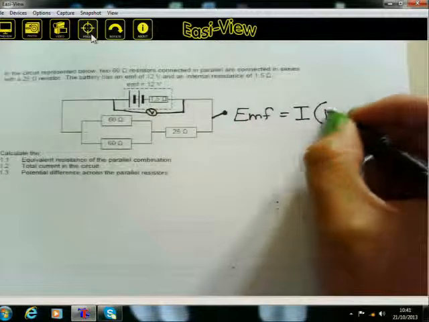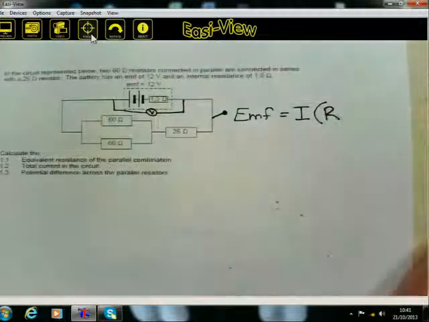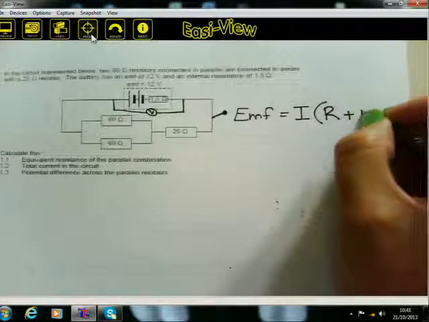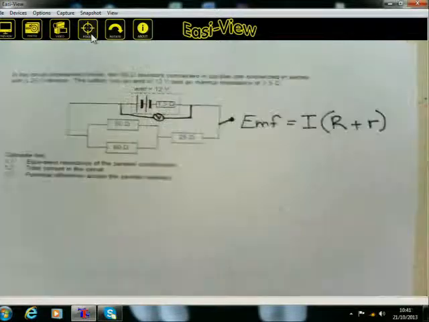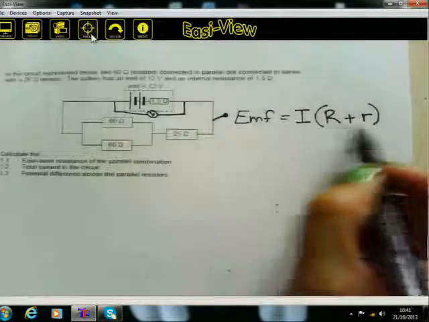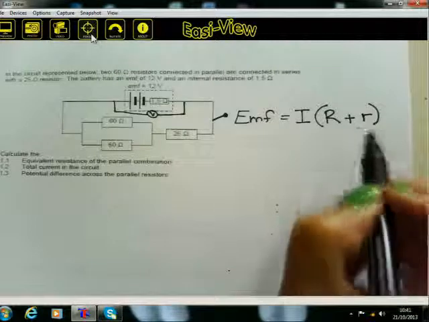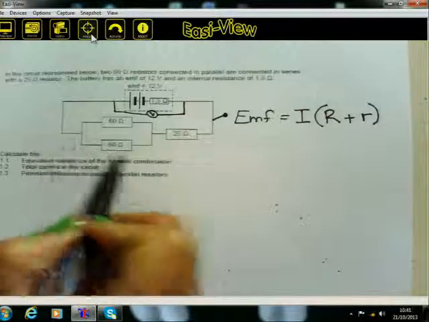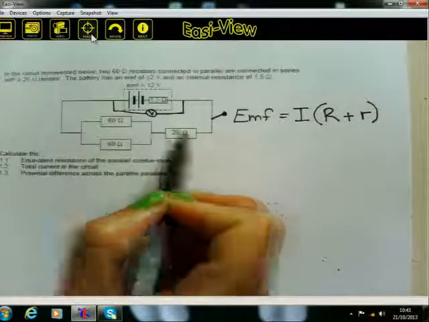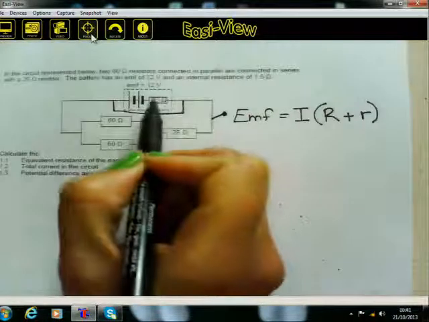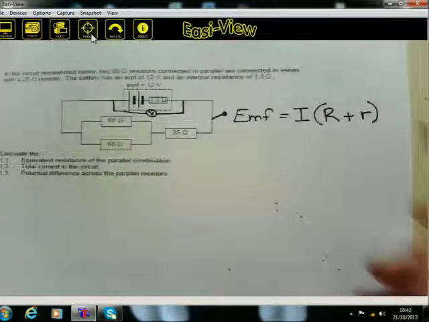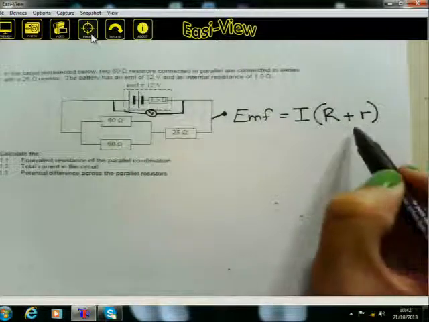Big R is external resistance plus small r is internal resistance, and together these two make up the total resistance in this whole circuit. In other words, you'll have the parallel resistance plus that series resistance plus the 1.5 internal resistance as well.